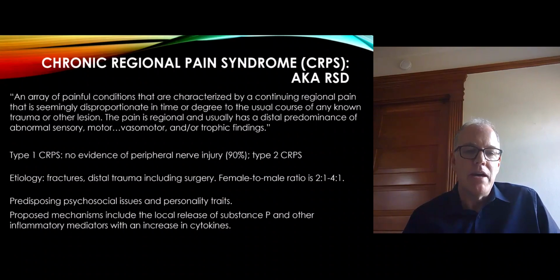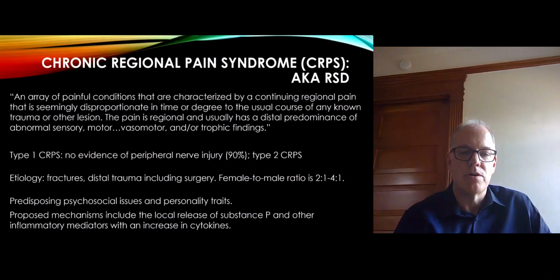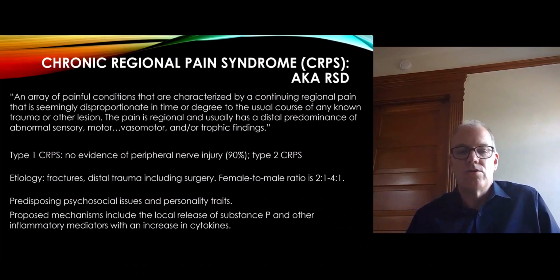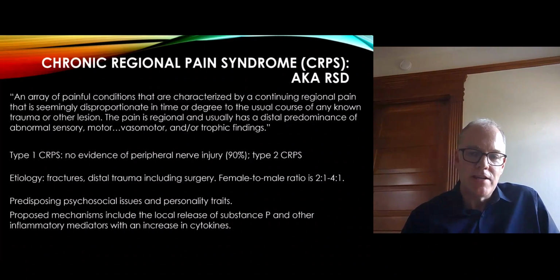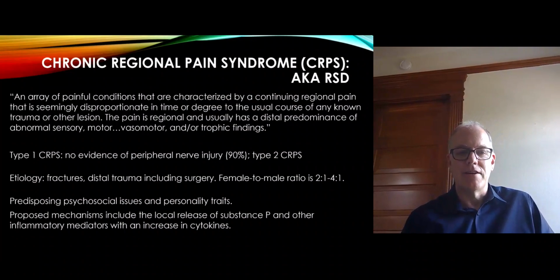It's an array of painful conditions that are characterized by a continuing regional pain that is seemingly disproportionate in time or degree to the usual course of any known trauma or other lesion. The pain is regional and usually has a distal predominance of abnormal motor, sensory, vasomotor, and trophic findings. All right, that's as concise a definition here as I could find.